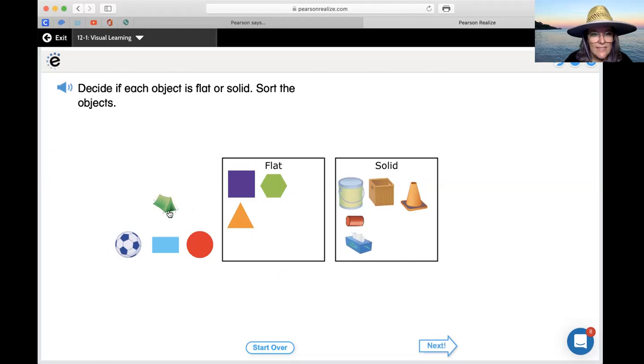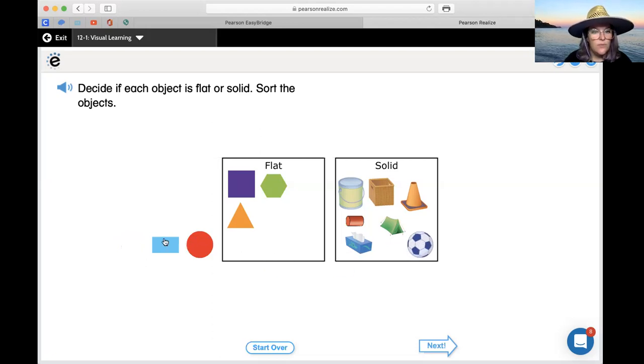Look at this tent. This tent is a triangular prism. So it has a triangle on each end, right? But it also goes front and back, so it is a 3D solid. Ooh, spheres. Spheres are one of my favorite 3D shapes. So that's a 3D solid.